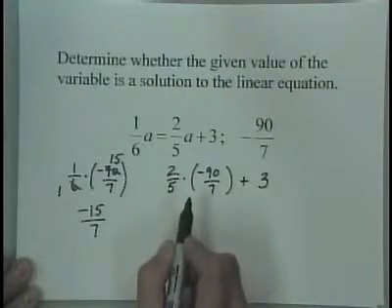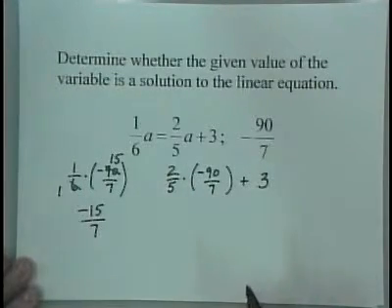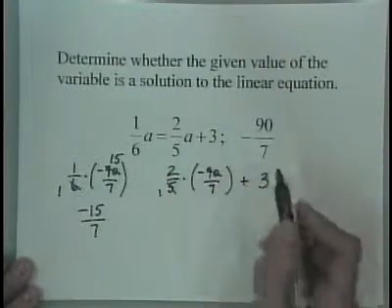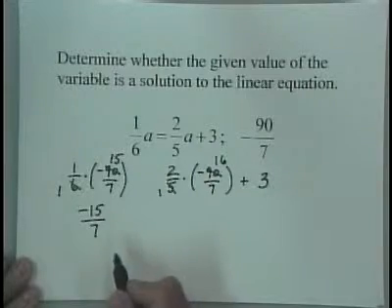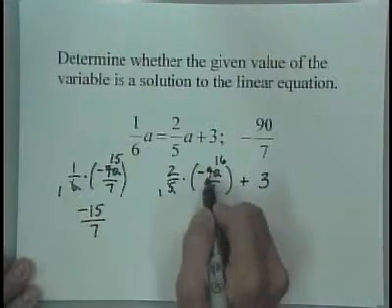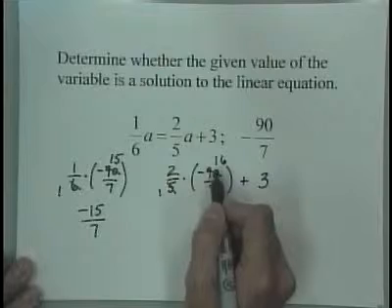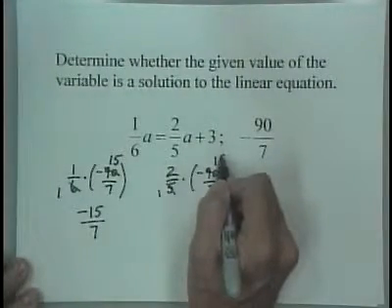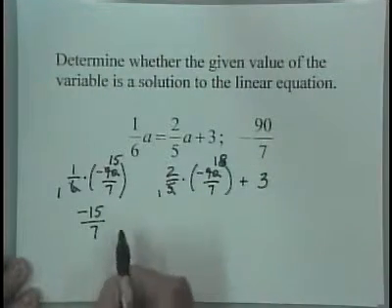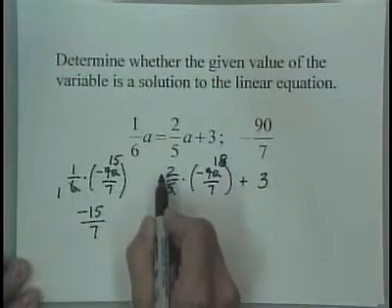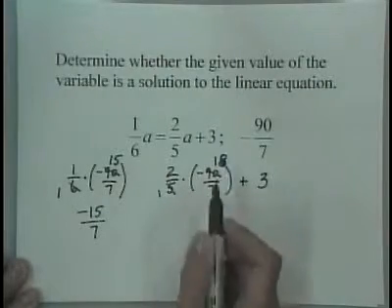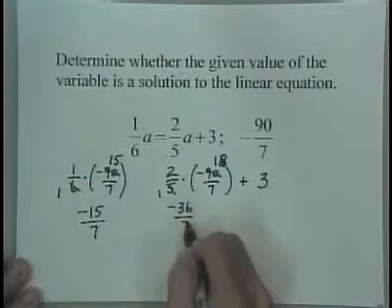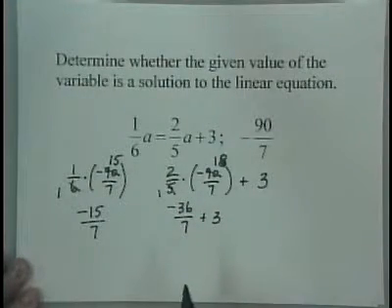I see that 2 and 7 have no common factors, but 5 and 90 simplify. 5 goes into 90 18 times. So that's an 18. Now I need to multiply 2 times -18, which is -36. I have that over 1 times 7, and I need to add 3.